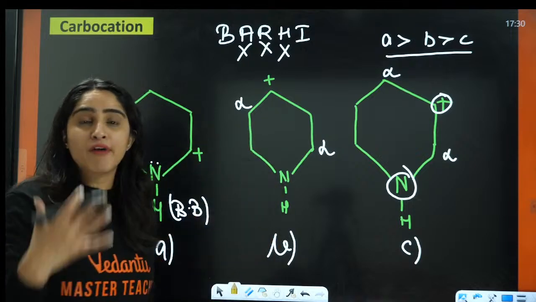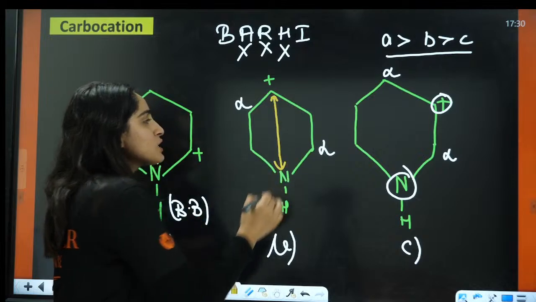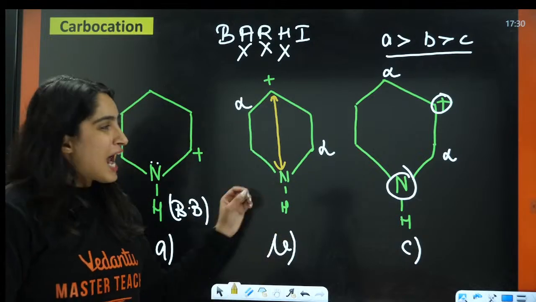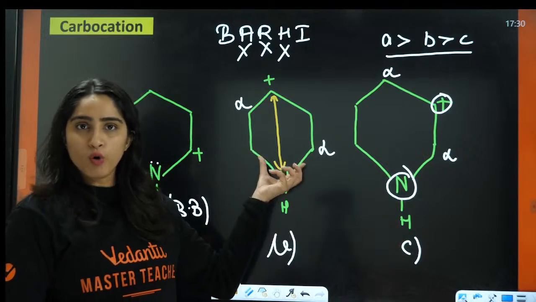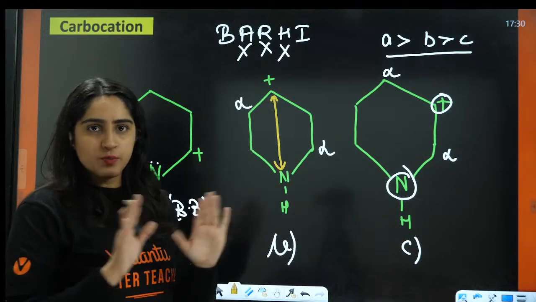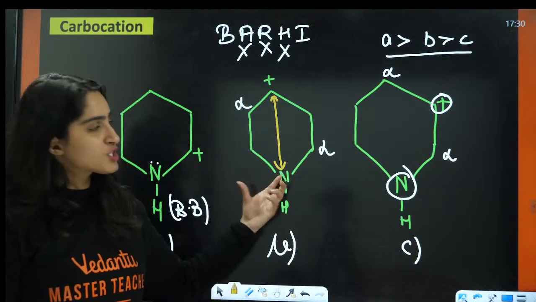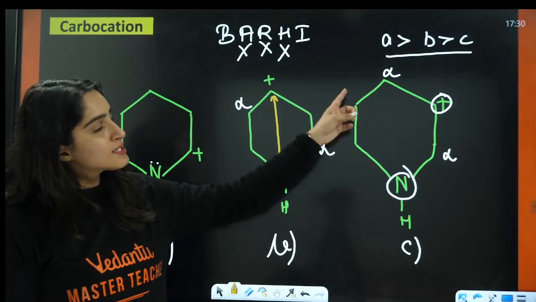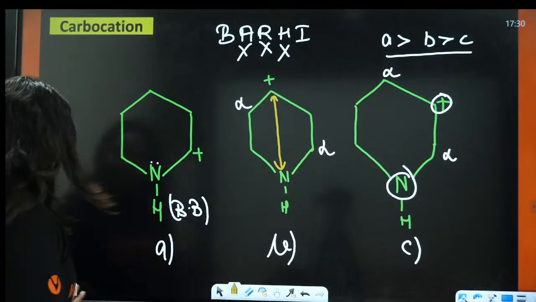Inductive effect is according to the distance. Here the distance is more, which is why the minus I effect is less, and the minus I effect makes it unstable. So more distance between this nitrogen and this vacant p orbital makes it more stable as compared to C. So the order is A, B, and C. Okay?